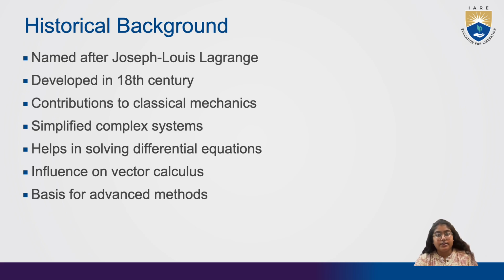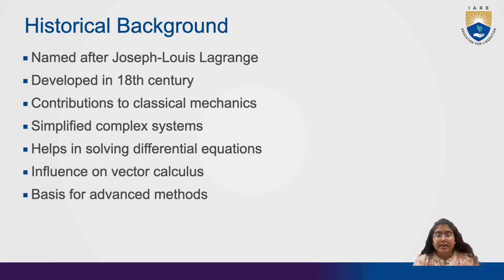The equation we're studying today is named after Joseph Louis Lagrange, one of the greatest mathematicians of the 18th century. Lagrange's work wasn't limited to just differential equations. He also made significant contributions to mechanics, calculus of variations, and number theory. The beauty of Lagrange's methods was his ability to simplify complex systems into manageable mathematical forms.